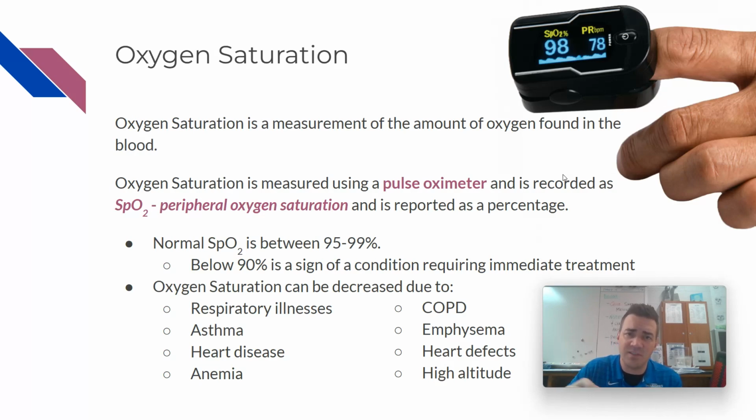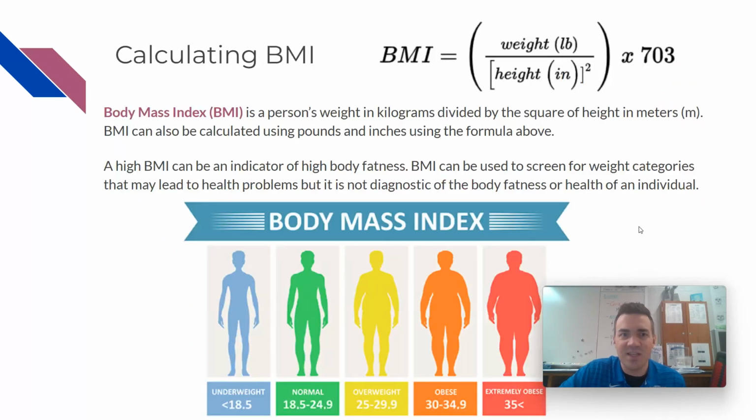Emphysema and COPD are both chronic disorders of the lungs and the respiratory system, and you can get both of them from smoking, so don't smoke. Also heart defects, high altitude. It's a lot of different things that influence your oxygen saturation. But as you hopefully will find, yours is somewhere between 95 and 99 when you take your vitals today.